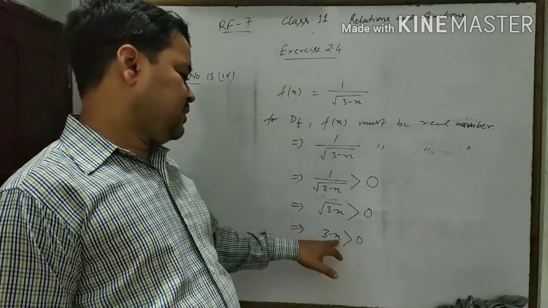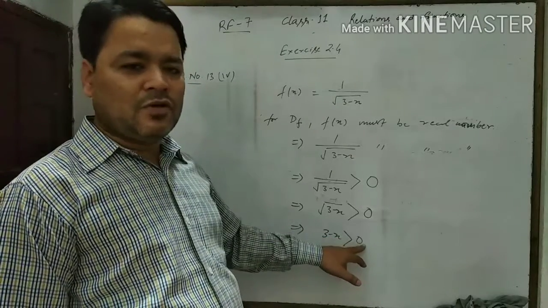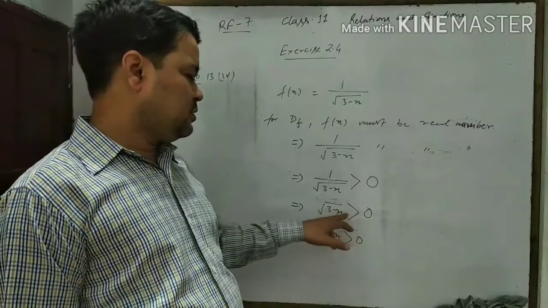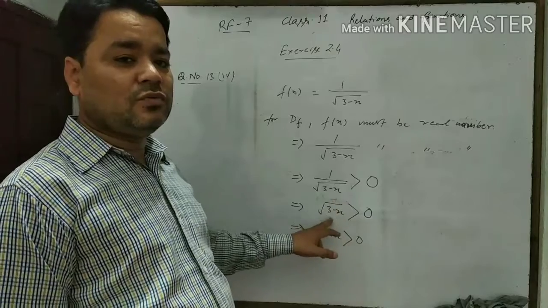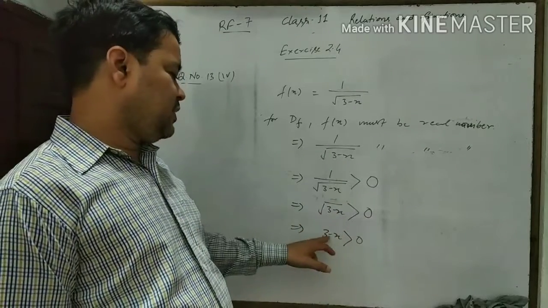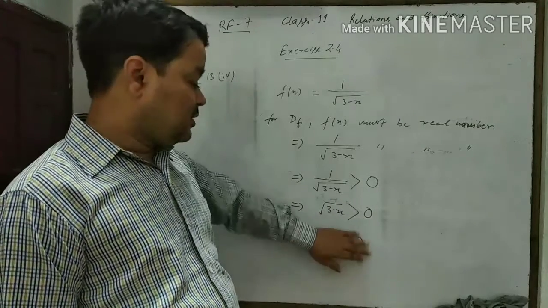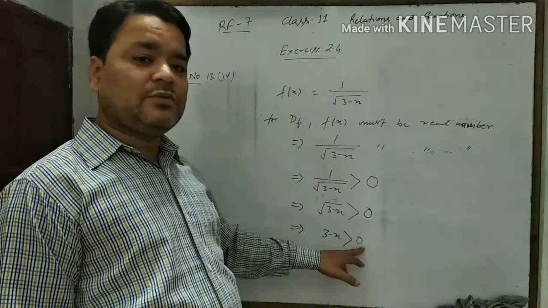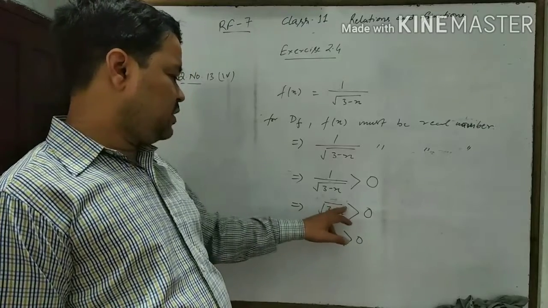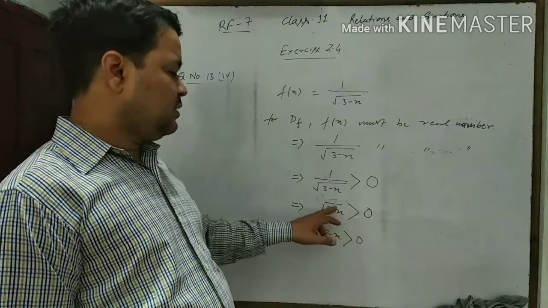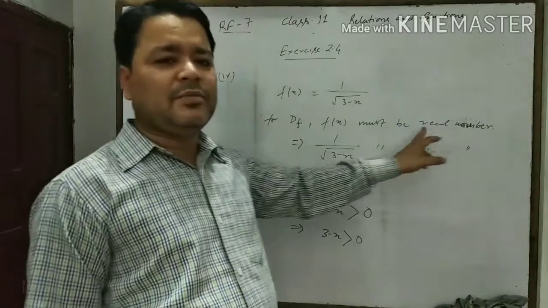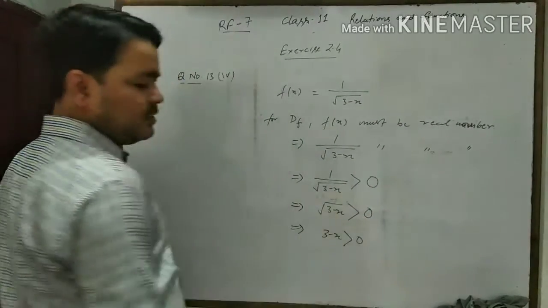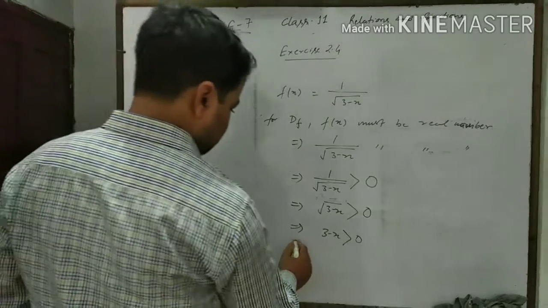Look here, 3 minus x should be greater than 0, because if 3 minus x is less than 0, then in under root there will be a negative value. Then in that condition it will not be a real number, it will be a complex number. So therefore it should be greater than 0.